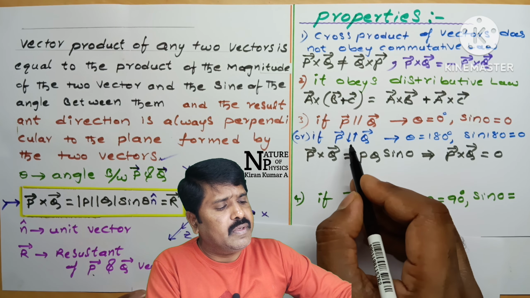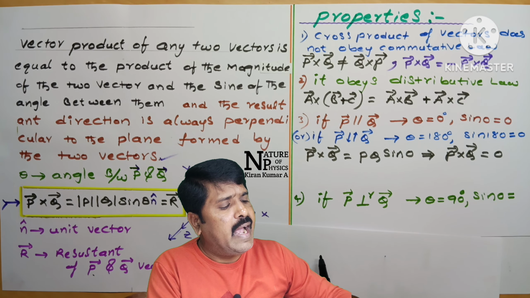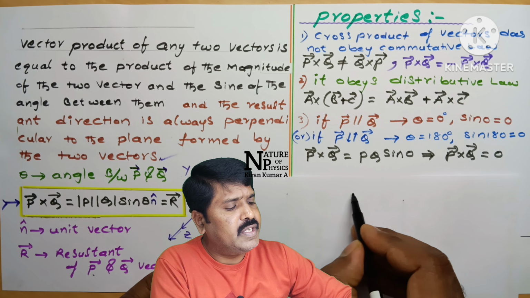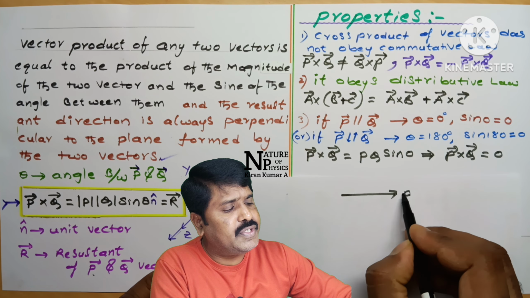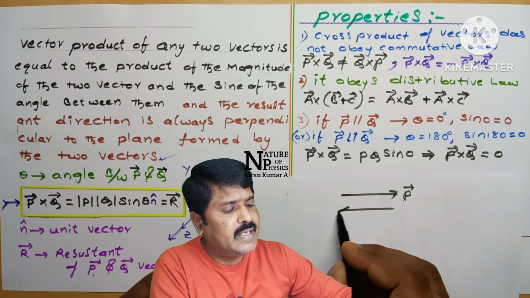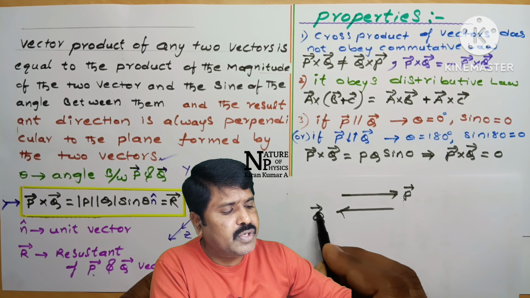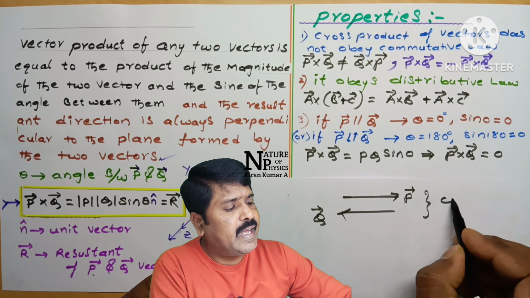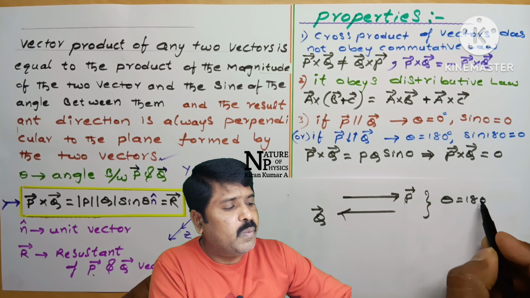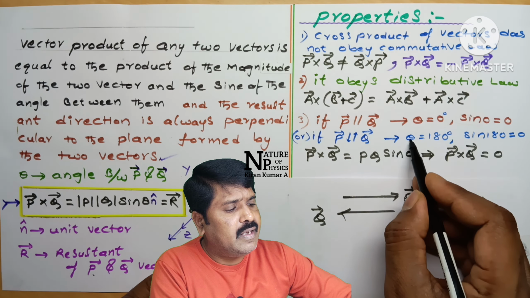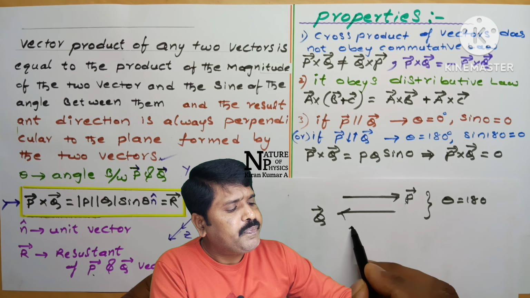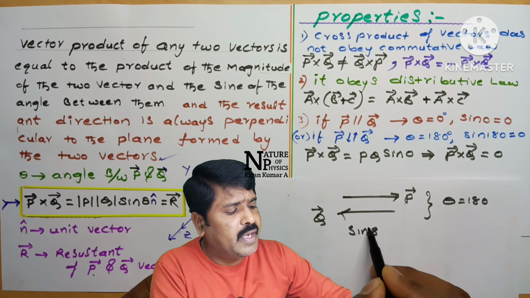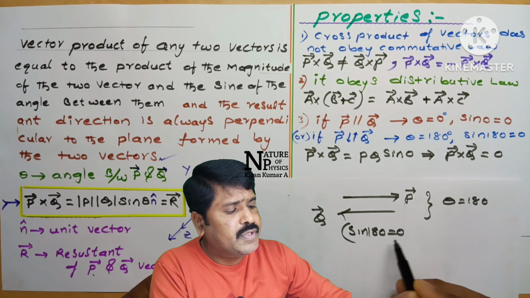Next, the second one: P and Q anti-parallel. See, P bar is like this and Q bar is like this. Both are in opposite directions, making an angle theta equal to 180 degrees, anti-parallel. So sine 180 is equal to 0.